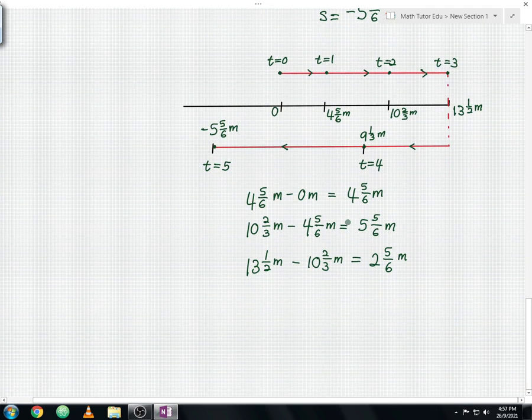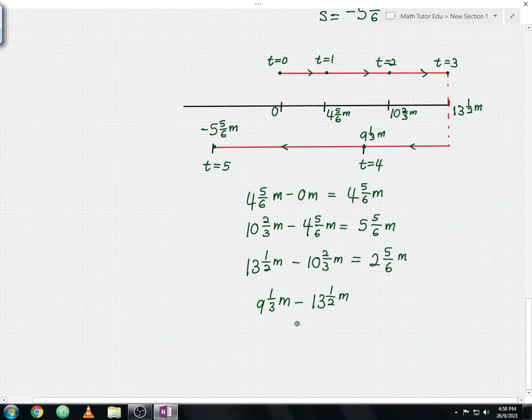Okay, the next interval is involving 13 1 over 2 meter and 9 1 over 3 meter, from t equals 3 seconds to t equals 4 seconds. So you need to calculate them one by one. So from here 9 1 over 3 meter, you minus with 13 1 over 2 meter.